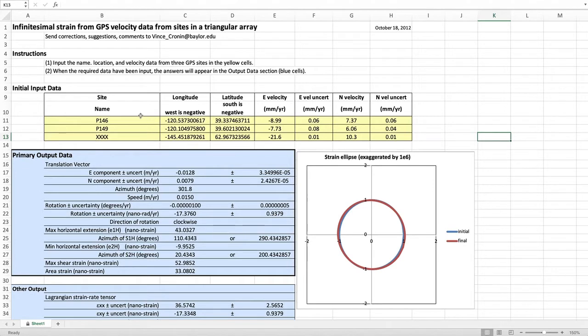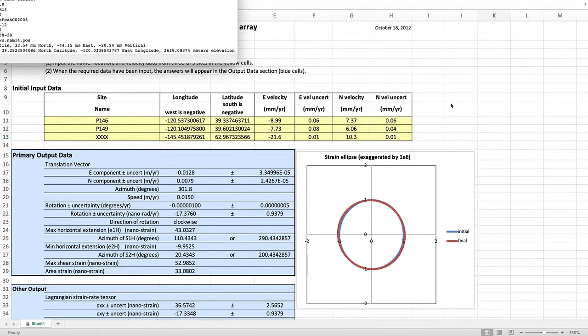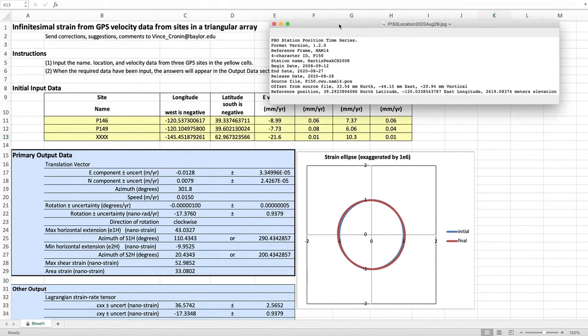Now I've already put in 2 sites worth of data, and we're going to see about putting in the third site bit of data. So where did the data come from? Well, you may recall that we took a look at a CSV file that has the reference position of a given site in it.